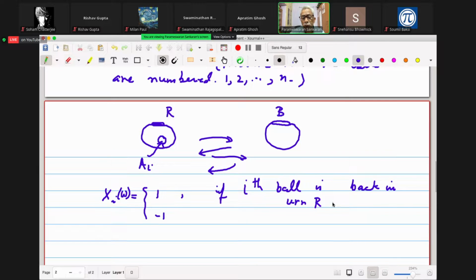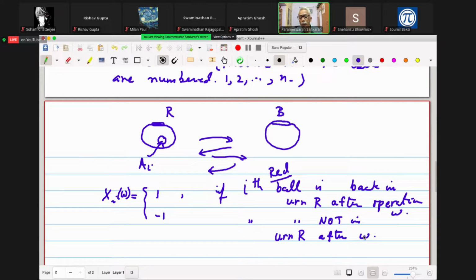So it is 1 if the ith red ball is back in R after operation omega, and minus 1 if it is not in R after operation omega.